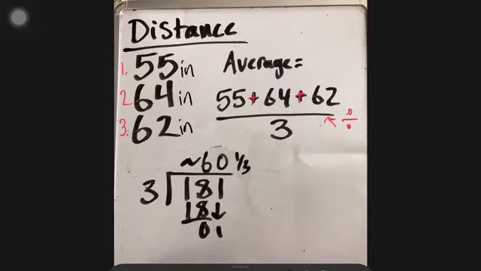This fraction line means division. When I do 181 divided by 3, I get 60 and 1/3, and let's not forget our units, inches. So the average distance for sail car number 1 was 60 and 1/3 inches.